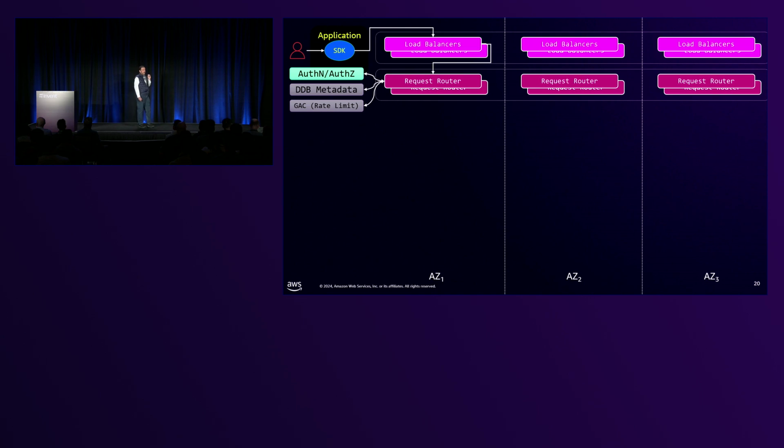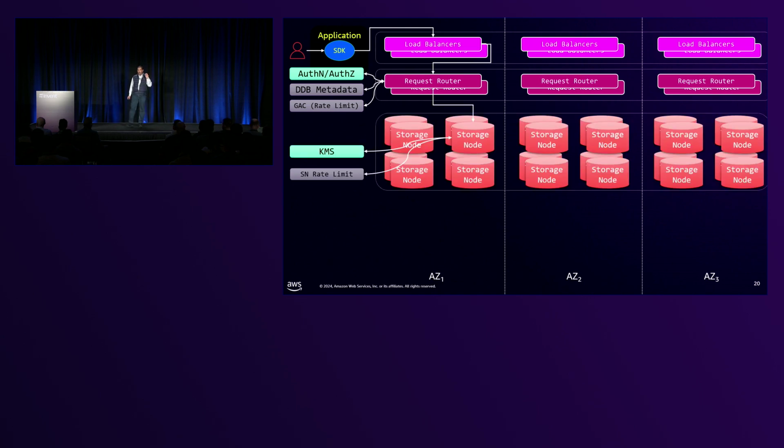Once we're done with all of that, we determine where your data is stored, and we forward your request to a storage node. So it started here, your application came to a load balancer, request router, down to a storage node. That's where your data actually is. Now, whether you like it or not, every item in DynamoDB is encrypted. If you provide us a key, we will use your key.